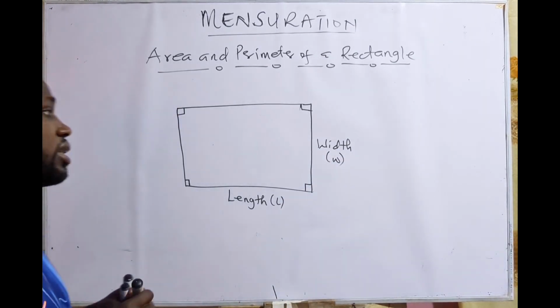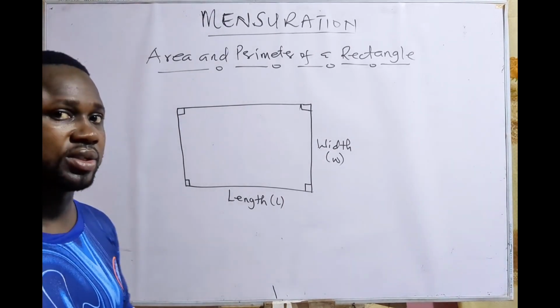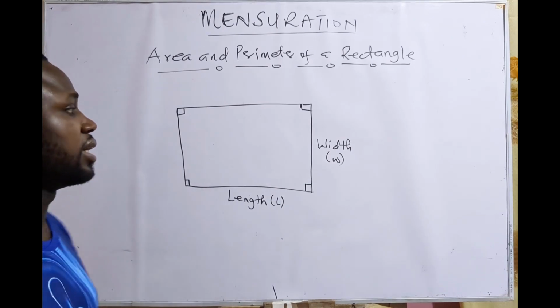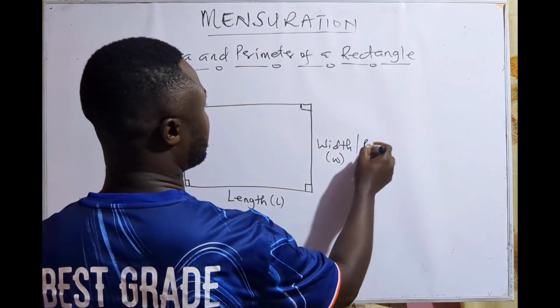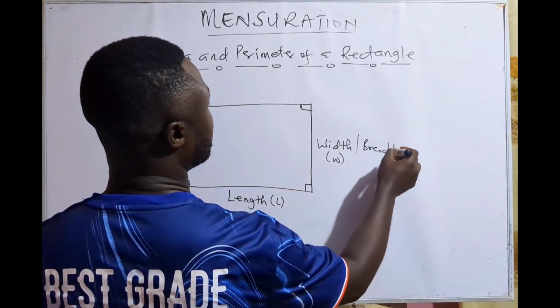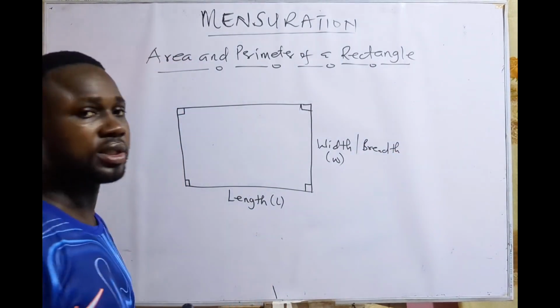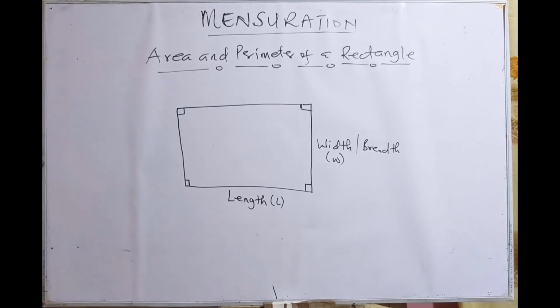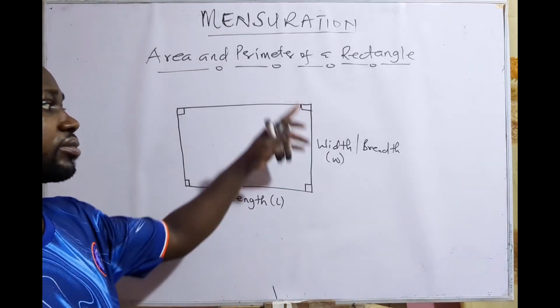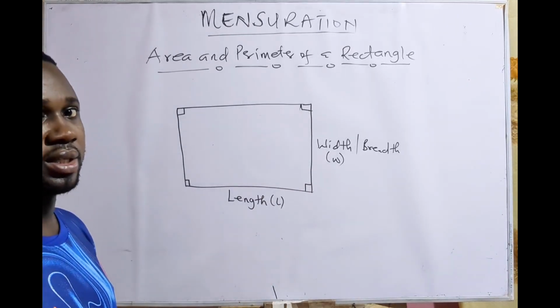The width can be the same as the breadth, so if you don't see width and you see breadth, it is the same thing. So this is the length and this is the width or the breadth.